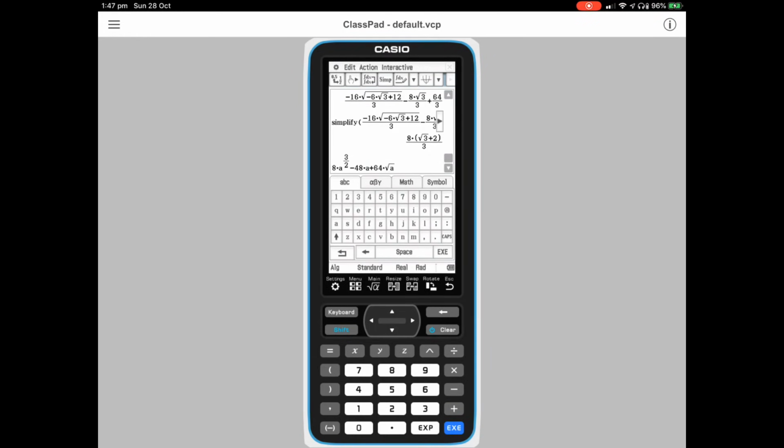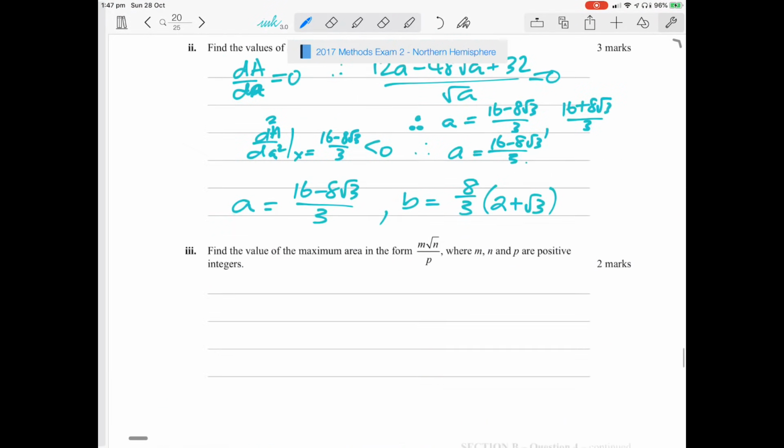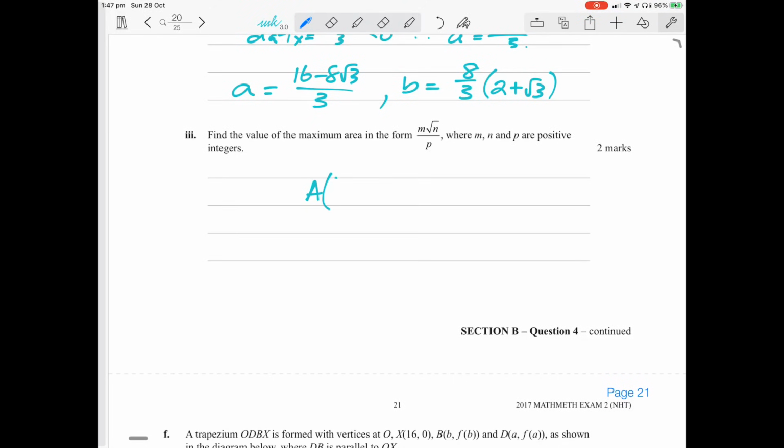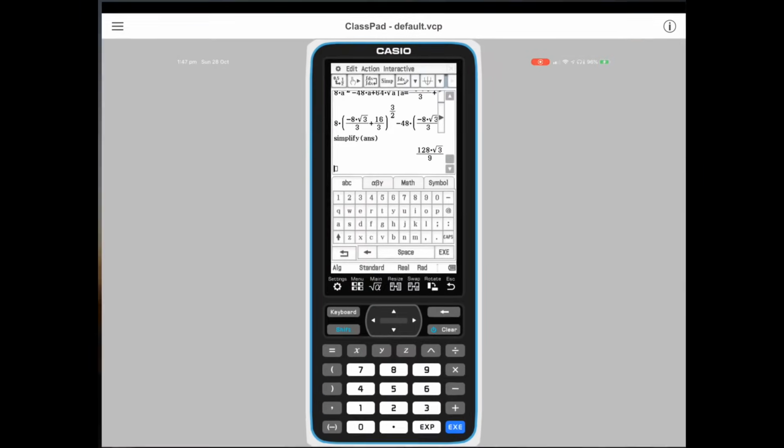Okay, and then say given, paste, simplify: 128 root 3 on 9. So A of 16 minus 8 root 3 on 3 is equal to 128 root 3 on 9. That's what I got.